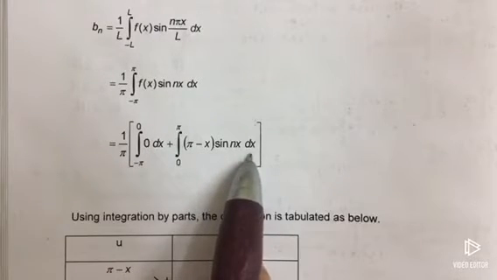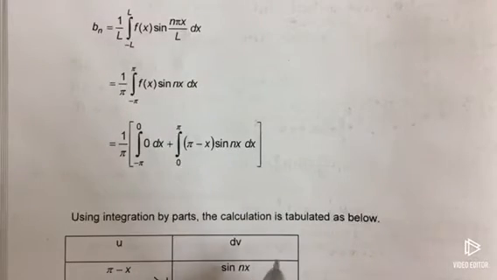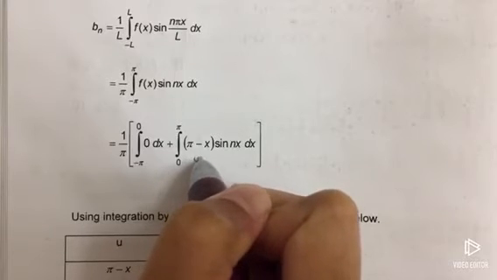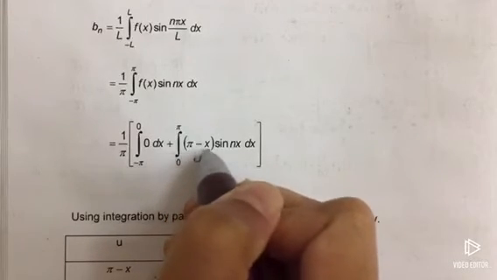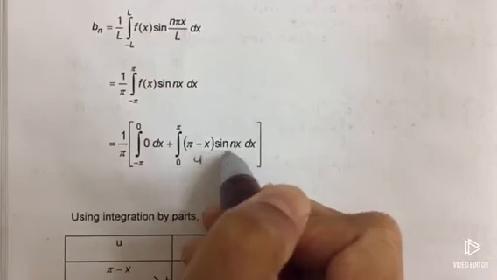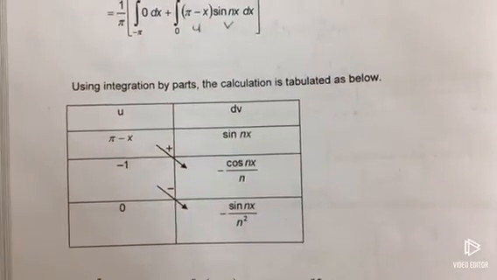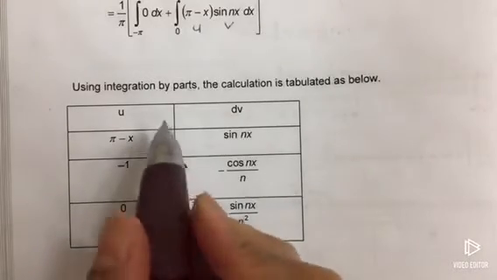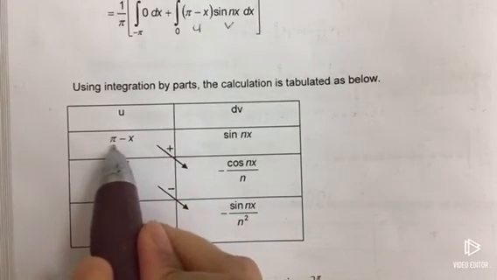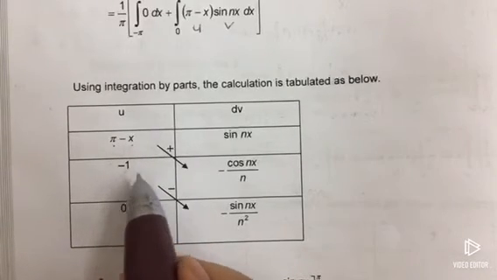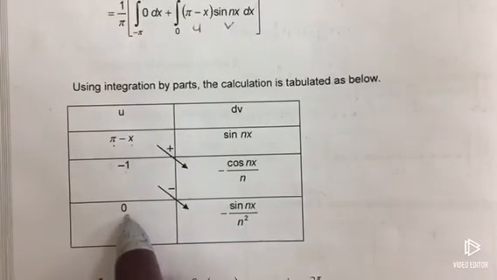When we integrate, we need to use integration by parts, or we can use tabular integration. Okay, let u equal to pi minus x, v equal to sin nx. By using tabular integration by parts, we differentiate pi minus x: differentiate pi equal to 0, differentiate negative x equal to negative 1, differentiate negative 1 equal to 0.